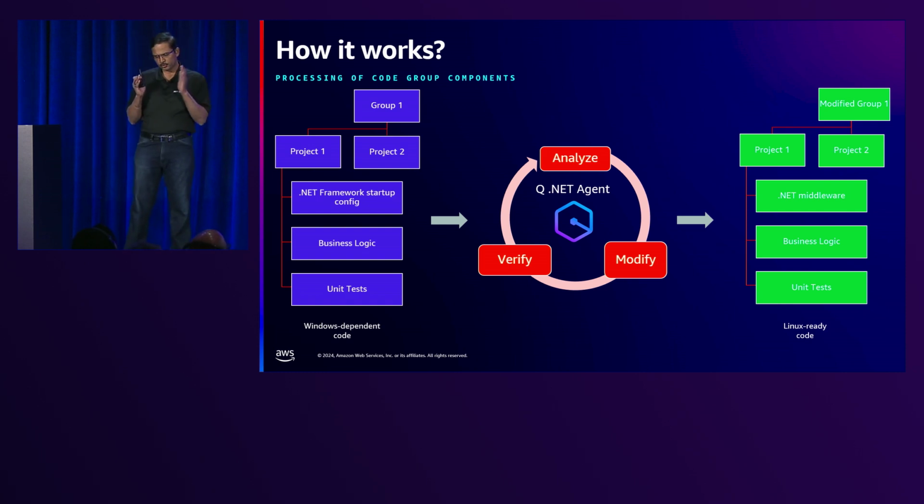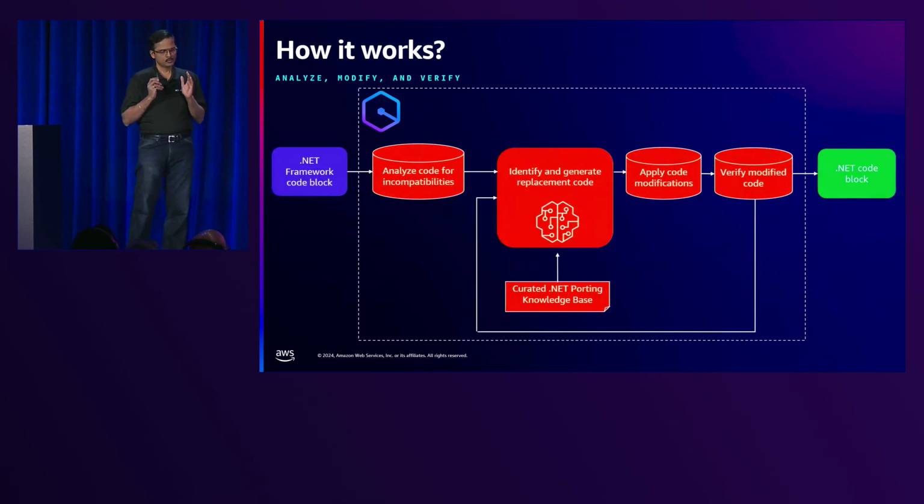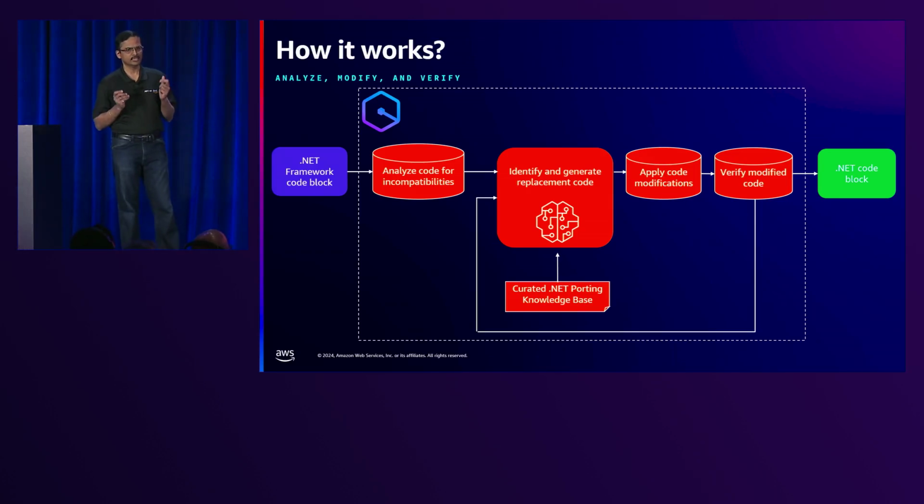And Q does this through an analyze, modify, and verify loop, what we call a tri-stage process. So let's dive into a little bit more detail of what this analyze, modify, verify tri-stage process looks like. When Q picks up a piece of .NET Framework code block, it first analyzes the code for what we call incompatibilities.